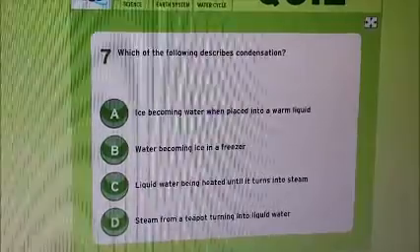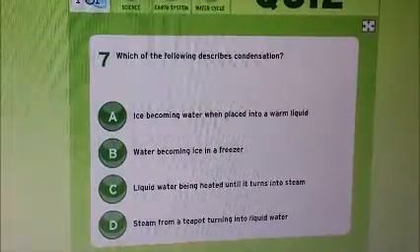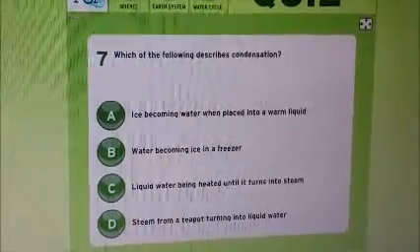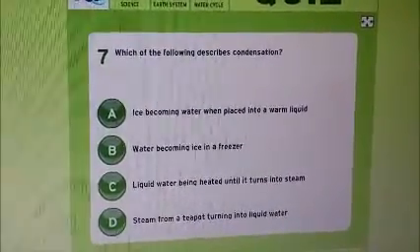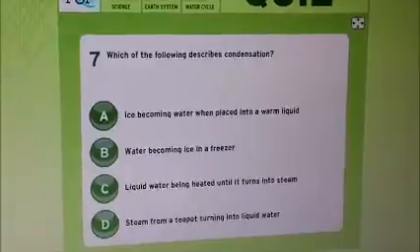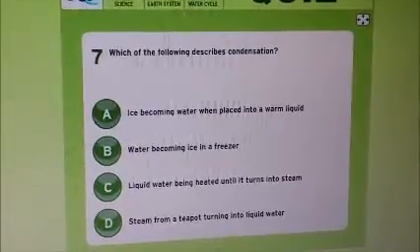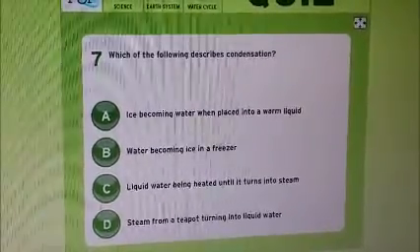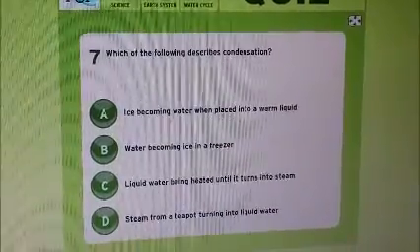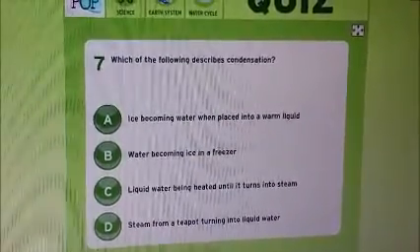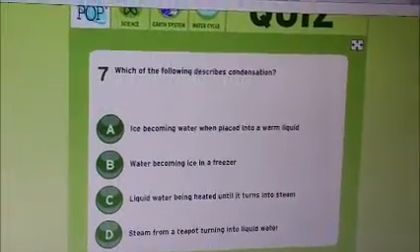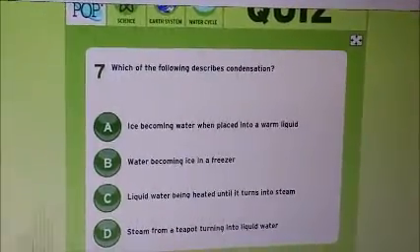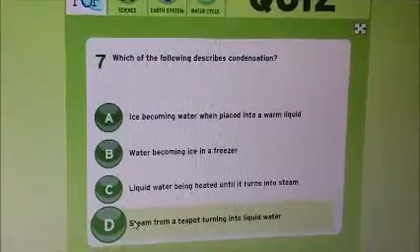Water drops. Very good. So when you boil your tea, the steam from the liquid turns into water. Is that the same as condensation? Yes. Okay, so our answer would be D. That was a tough one.